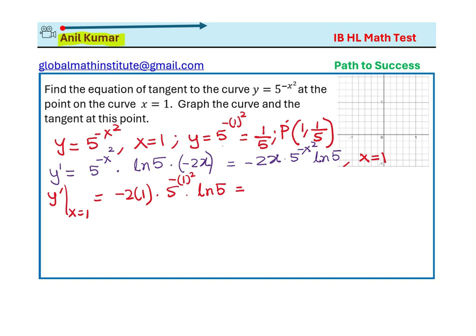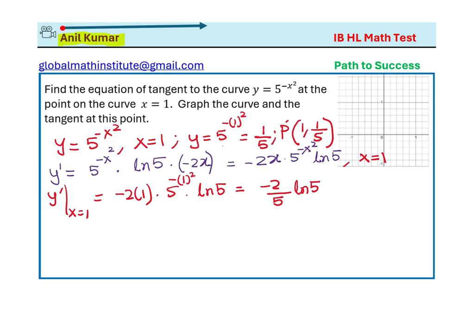So we get minus 2 over 5 ln 5. That becomes the derivative of the function at x equals 1.